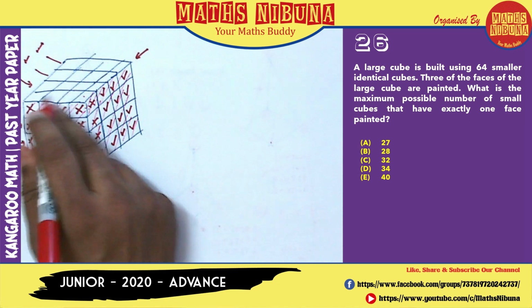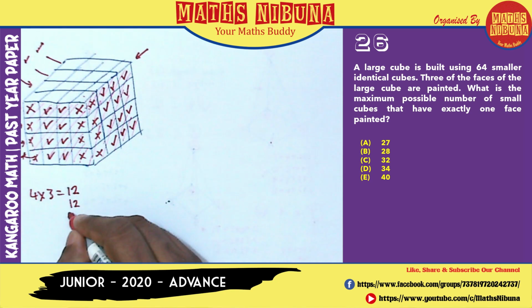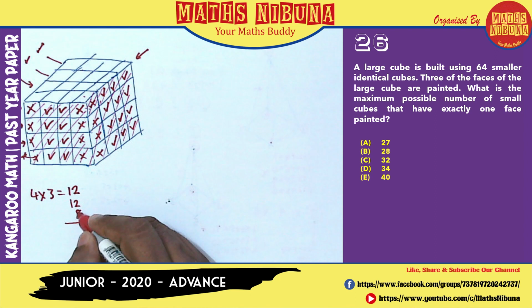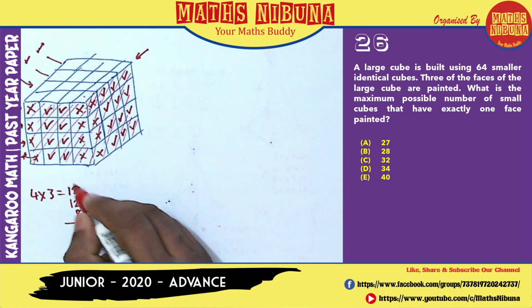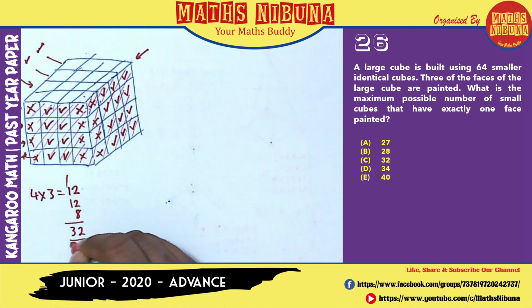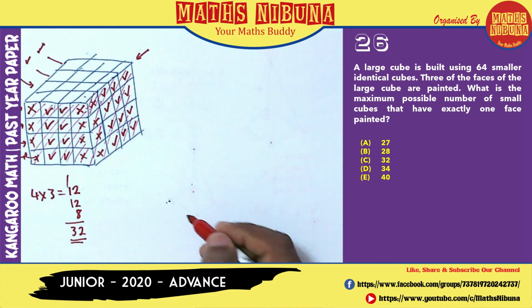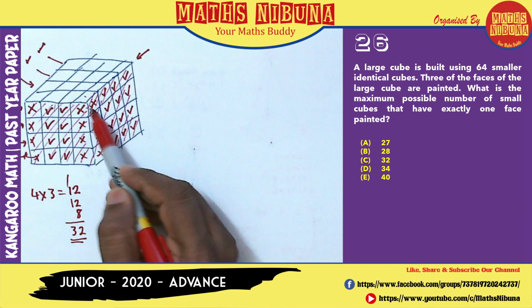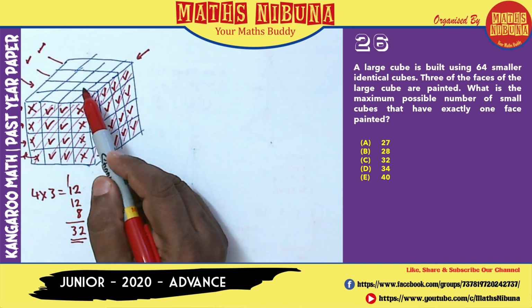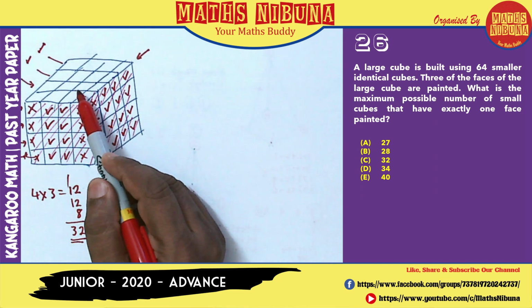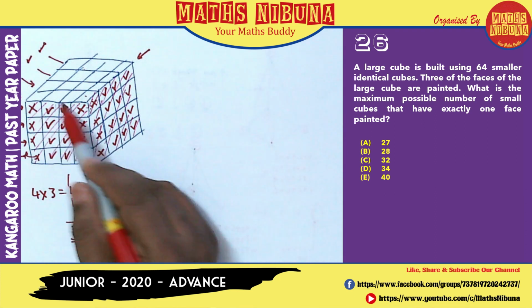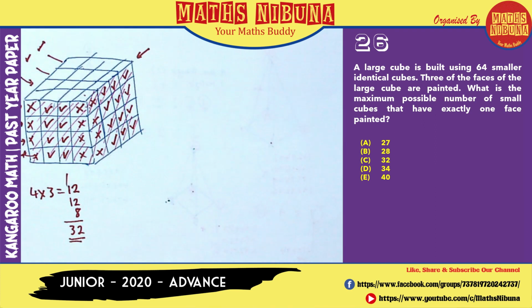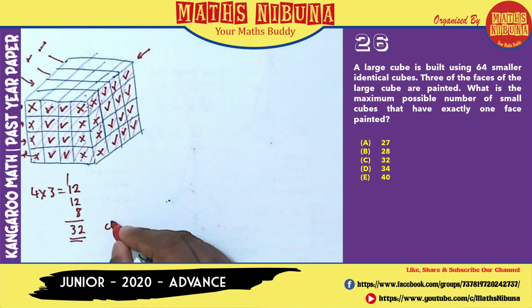And then here we have 8. So 12 plus 12 is 24, plus 8 is 32. That means we have 32 painted cubes. This is the maximum we can do. If you paint this and the top one, these 3, you'll get less. So to get the maximum, we have to paint opposite sides. So the answer is C.